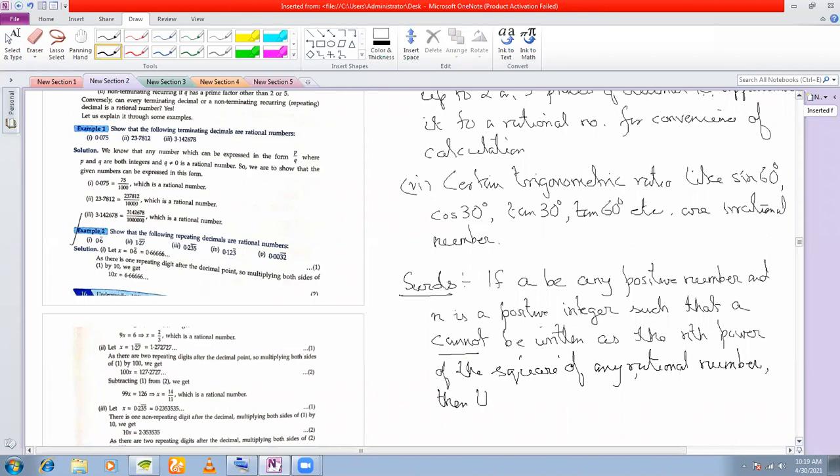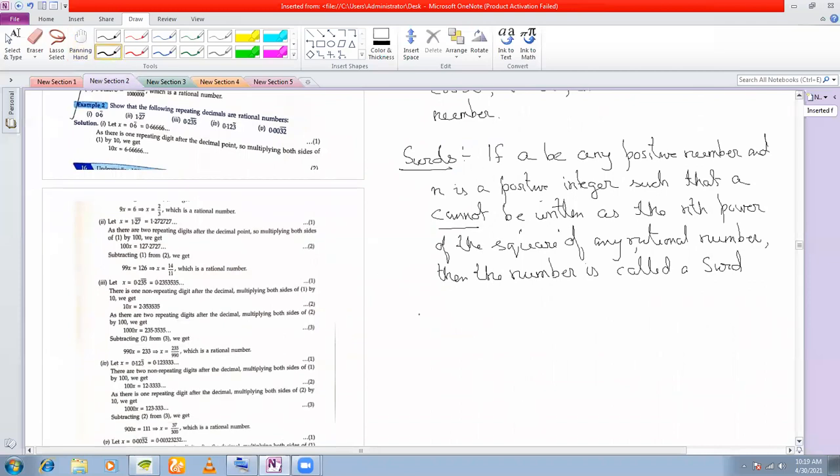Then the number is called a surd. Now, what can be the examples of surds? What do I mean by this definition? Look at these examples. Consider the square root of 5.